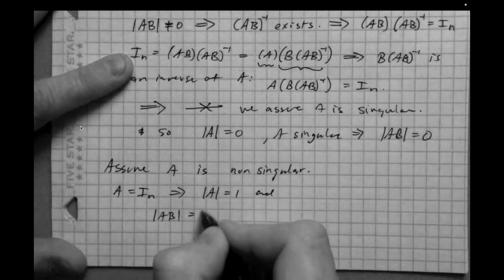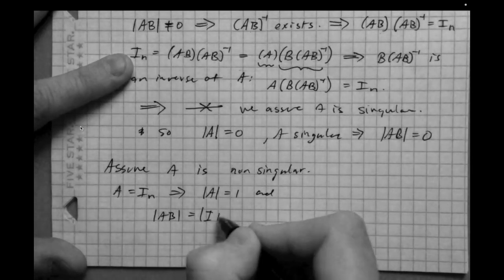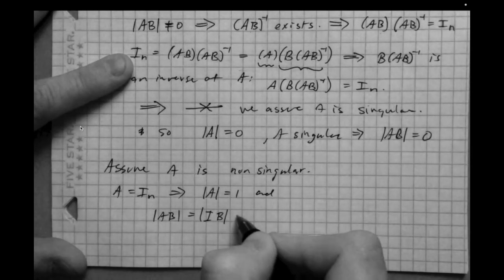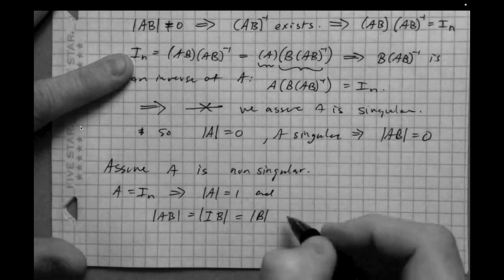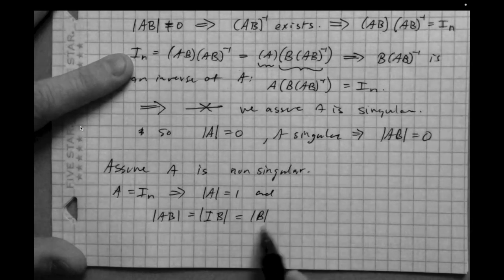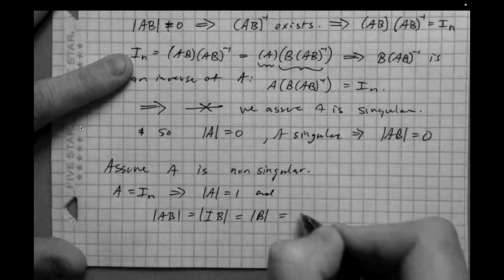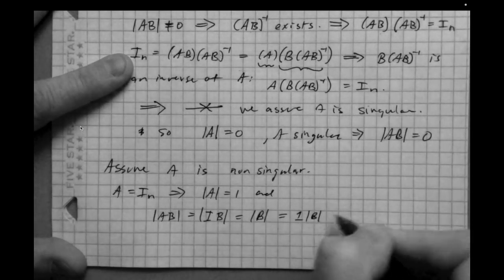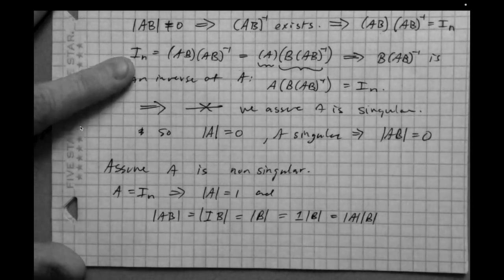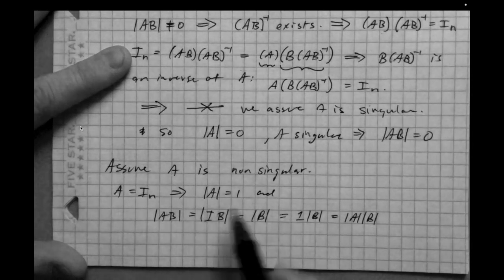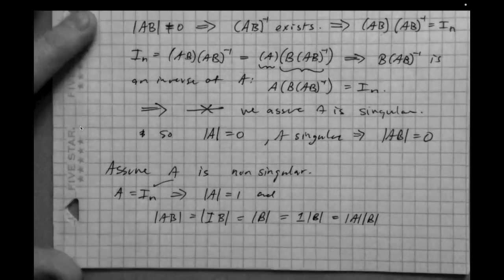Well, if A is I, then this is the determinant of I times B, which is equal to just the determinant of B, because I times B is just B. And so this is, of course, equal to 1 times the determinant of B, which is the determinant of A times the determinant of B. Okay, so it works out fine if A is the identity matrix.